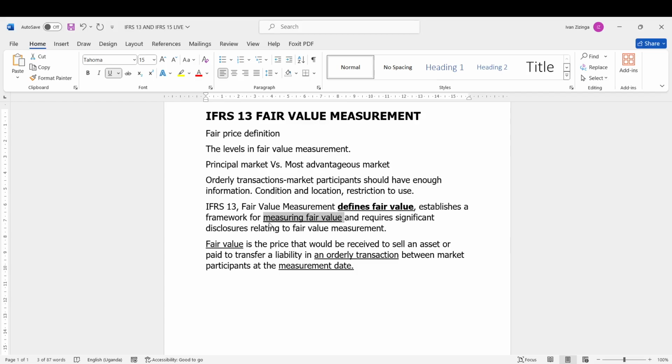Remember, fair value is more of a management judgment. It depends on the interpretation of management to attach a value on a given transaction. That's why the standard emphasizes most of the disclosures that we should make, so that those who are going to use the financial statements are aware of what you considered when you are making a decision to attach a given fair value on your assets.